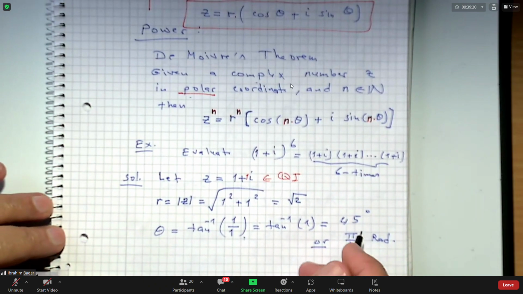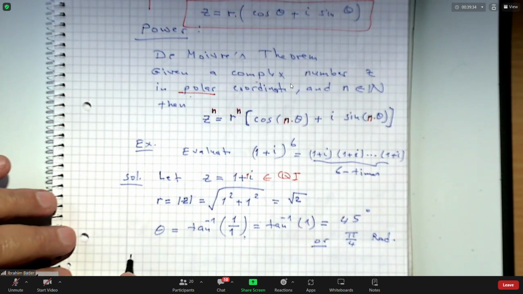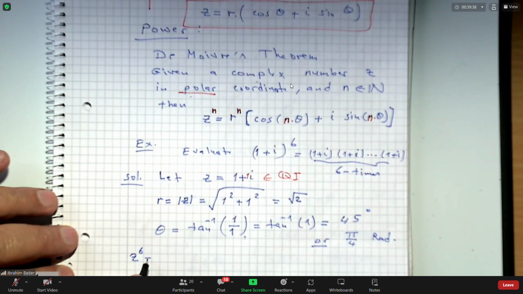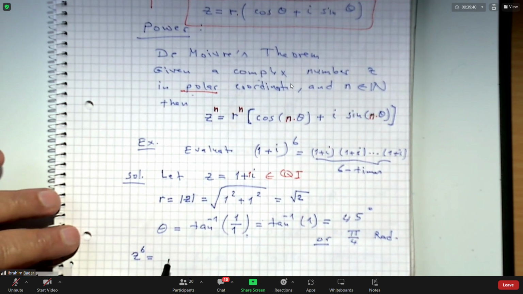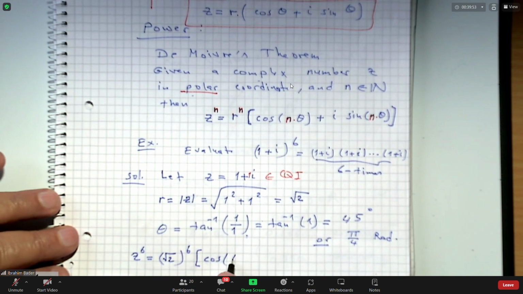So let's take it for the degrees. Let me squeeze the result into these two lines. So z to the power 6, according to de Moivre's theorem, equals r to the power 6. R we evaluated as square root of 2, to the power 6, multiplied by cosine of 6 times 45 plus i sine of 6 times 45.